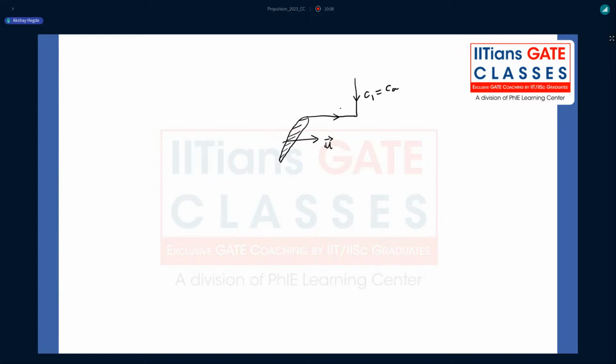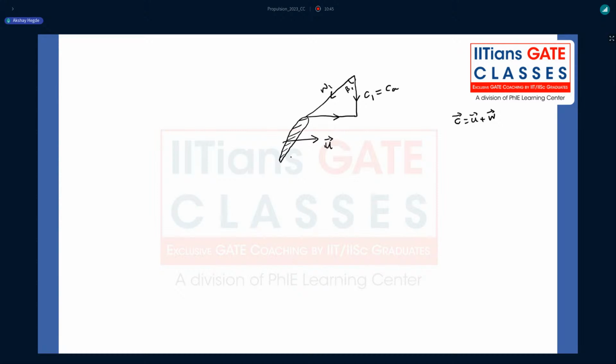And we know the vector relation, C is equal to U plus W. So the rotor is receiving the fluid at an angle beta 1 to the axial component of velocity, that is the relative velocity. So this is my entry velocity triangle. If you are able to draw this triangle correctly, then half of the job is done.